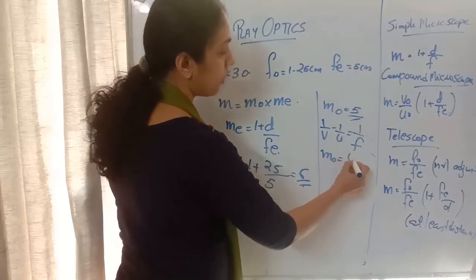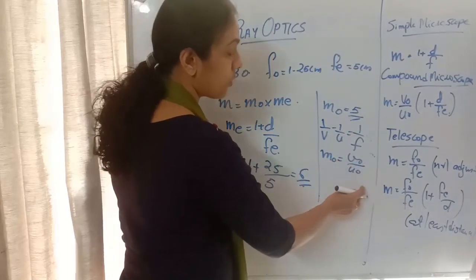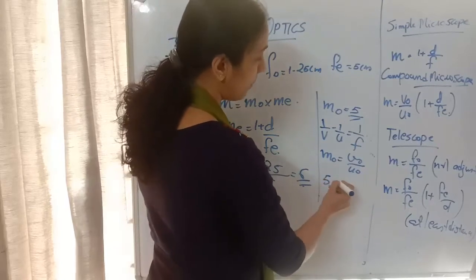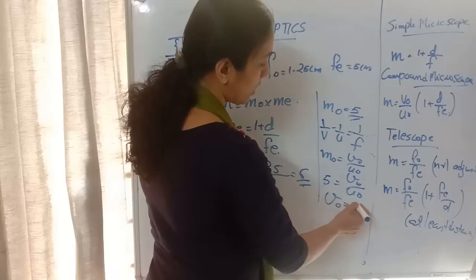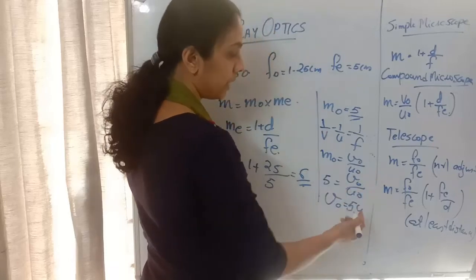MO equals VO by UO. Last one question we did, right? Same way, MO equals VO divided by UO. Therefore, VO equals 5 UO, and UO only we need to find out, right?